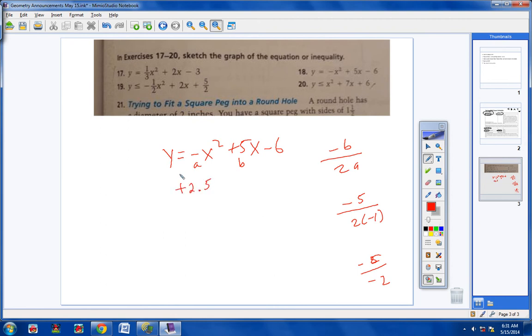So put that in for x, and let me do that quickly on my calculator. And if you do that correctly, you will get out 0.25. So there's your vertex.